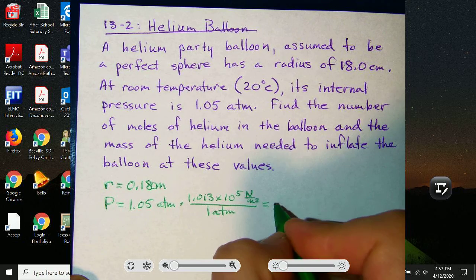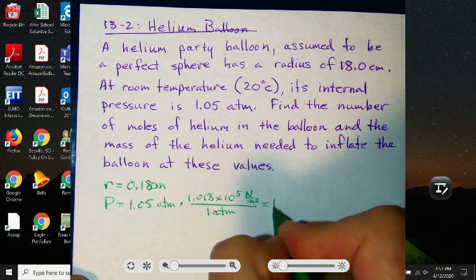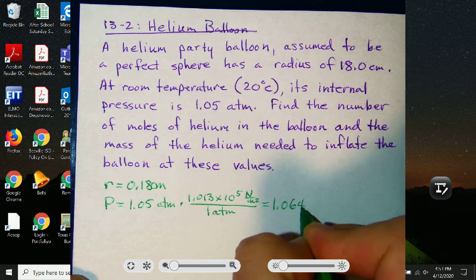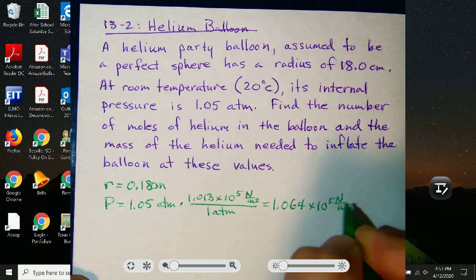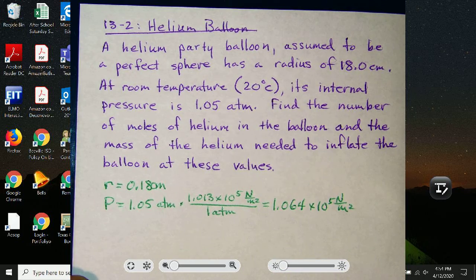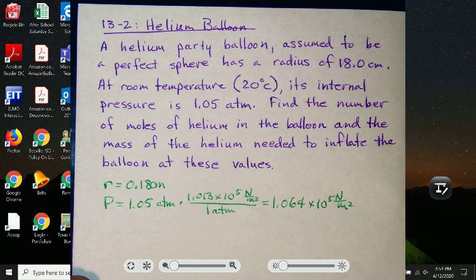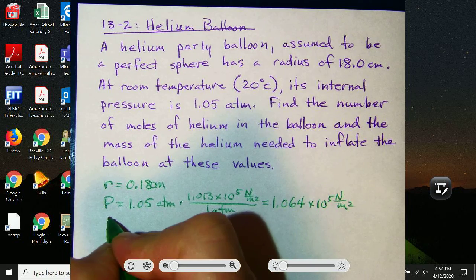And when we put that into the calculator, what we get is 1.064 times 10 to the fifth newtons per meter squared. I'm going to keep one more significant digit here, and then at the end I'll round it down to 3 significant digits.